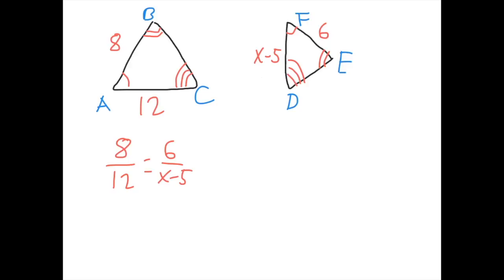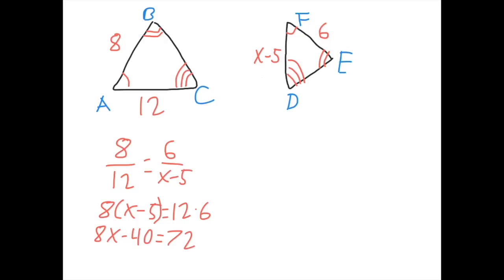Then it's a proportion, so you solve. So you have 8 times x minus 5 equals 12 times 6, or 8x minus 40 equals 72.